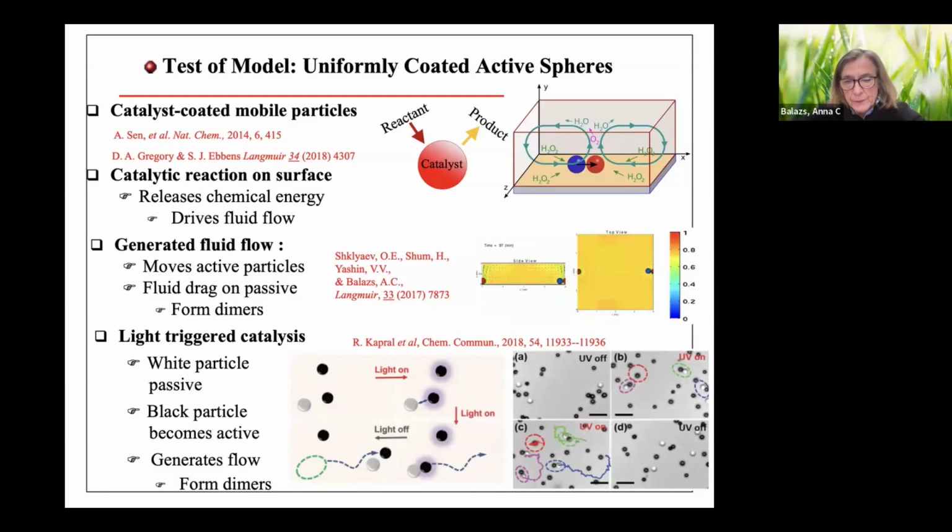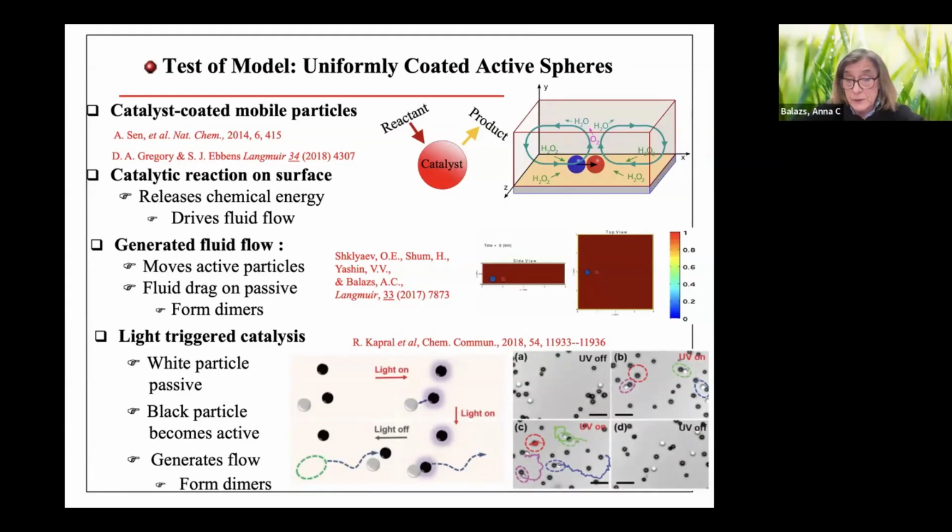There's a very beautiful paper that came out after that by Ray Capral, and he looked at photoactive particles. When the light is on, you can see that the black sphere and the white sphere make a dimer. And then when the light is turned off, they move apart.